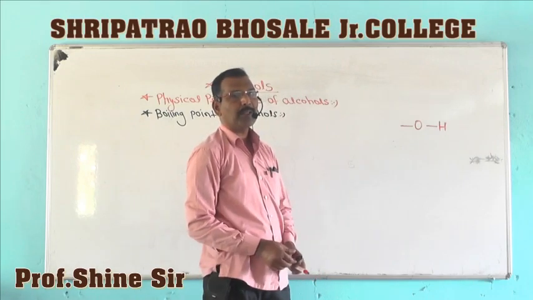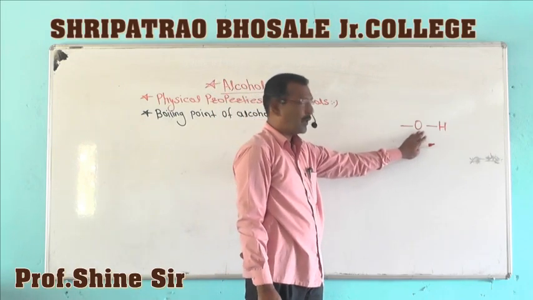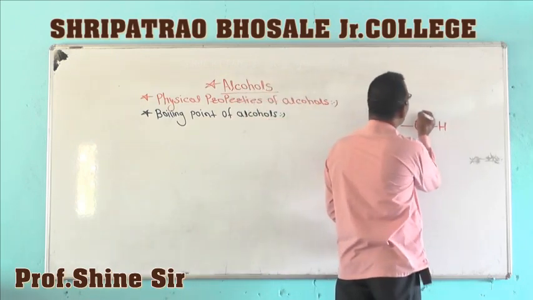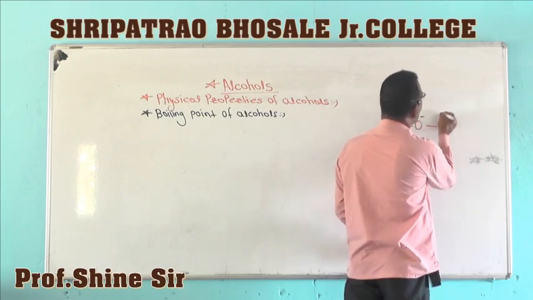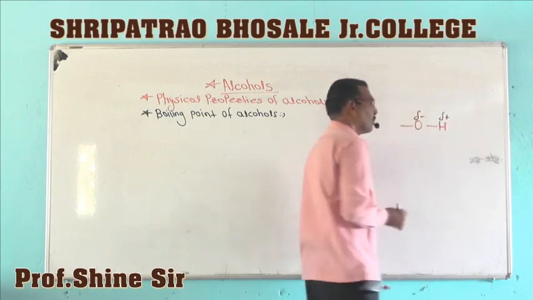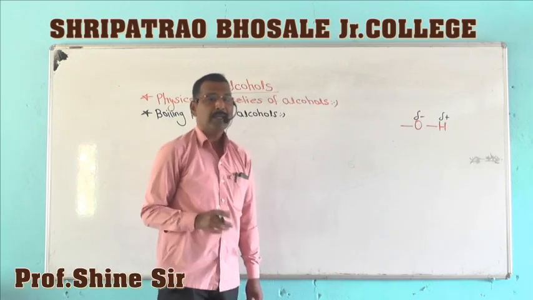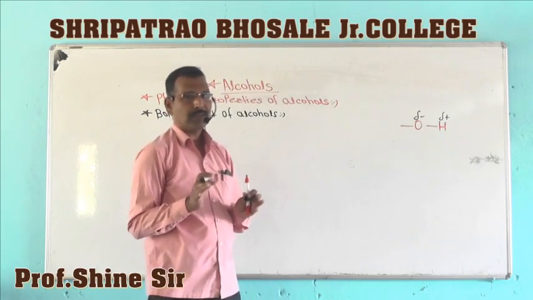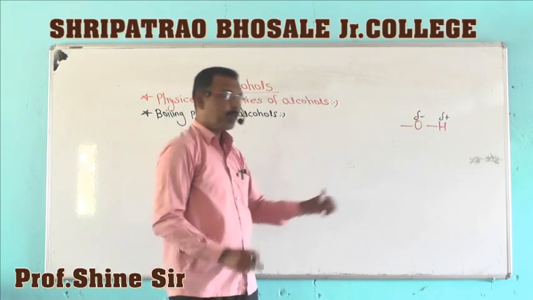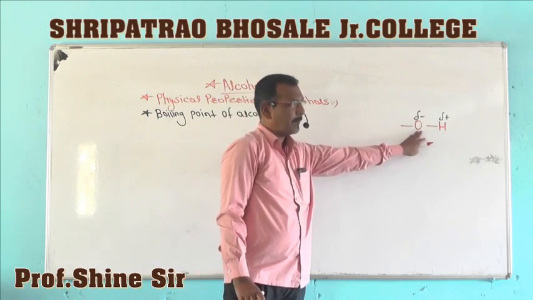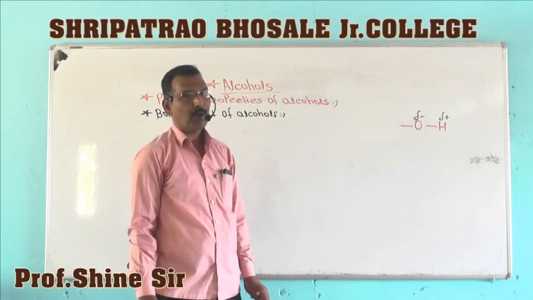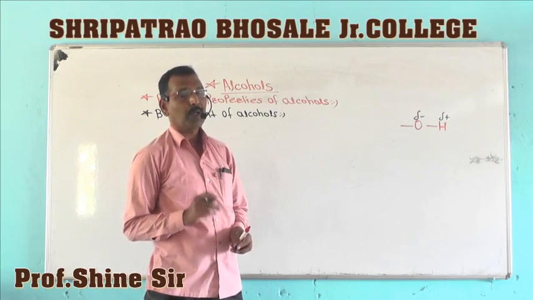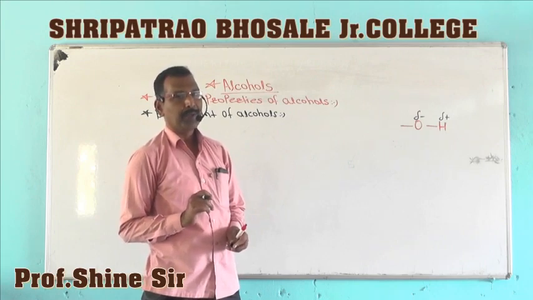So polarity develops on this hydroxyl group. Oxygen acquires partial negative charge, hydrogen acquires partial positive charge. Poles are developed, like the South Pole and North Pole, and such a compound is said to be a polar compound. So alcohols are polar.